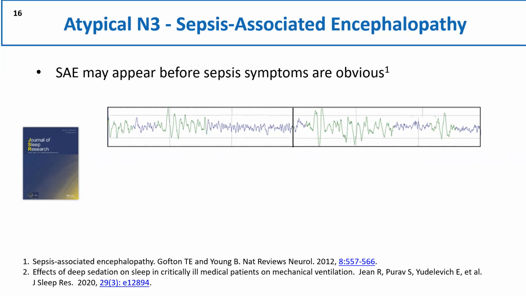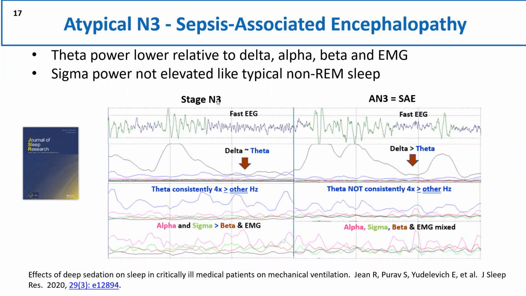So we went back and looked at the research and identified the sepsis-associated encephalopathy, which appears to be associated with sepsis, obviously by the name. It also has been associated with delirium. In our study, we also found that the characteristics of the EEG signals with the atypical N3 sleep were also associated with mortality.